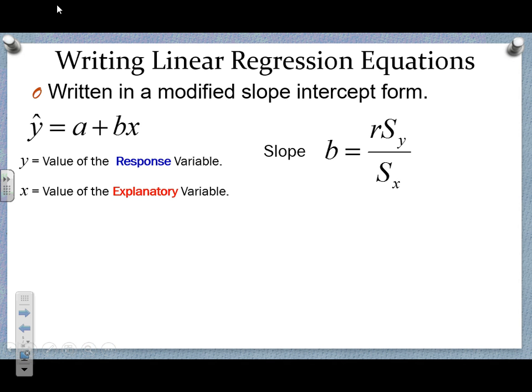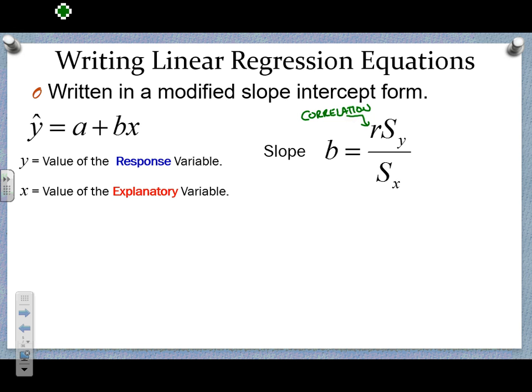So to calculate my slope, and we're using the formula from the book, so B denotes our slope in this case. We have this R times SY over SX. What do these values actually mean? What's the R? That's my correlation. So one of the things I'm going to need for my calculation is correlation. I'll need to do that in my calculator and figure out what my correlation for my two variables are.